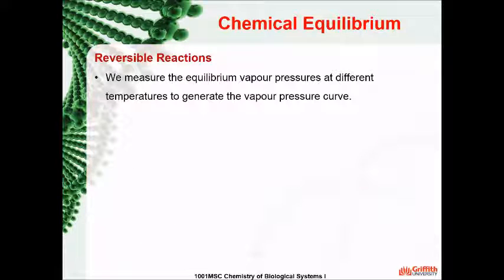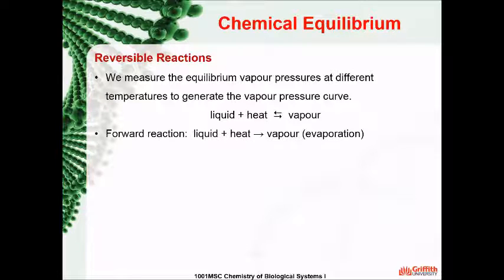Let's look at measuring the vapor pressure at different temperatures. The equation is liquid plus heat forms vapor. When liquid water is heated up, it will convert into steam. This is the forward reaction. If we reduce the heat, the vapor will change back into water in the reverse reaction.